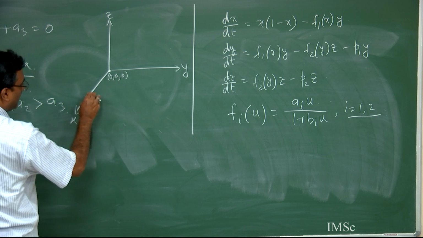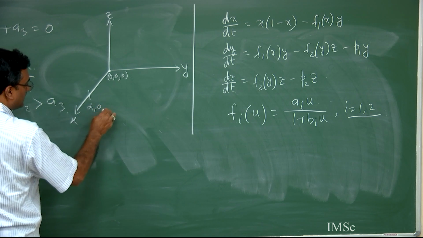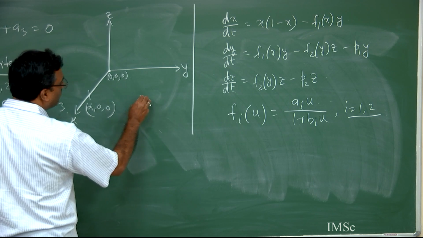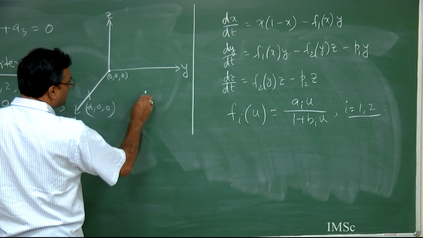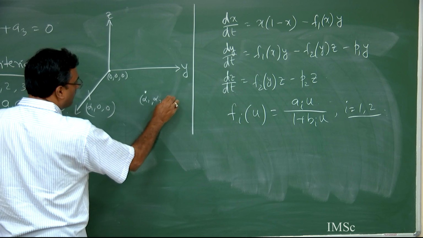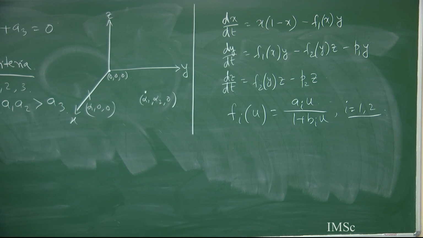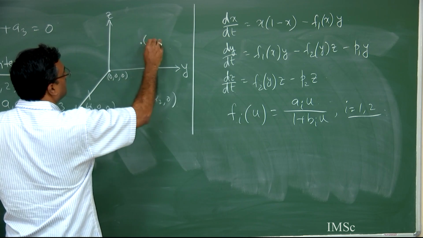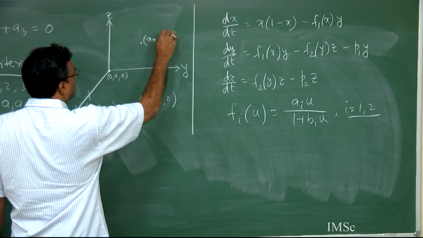Then you will have one equilibrium point here, say alpha 0, 0, without loss of generality. That means the first component is non-zero, and the second and third components are exactly equal to 0. This is the axial equilibrium. Then you will have one equilibrium point here, say alpha 1, alpha 2, 0. And finally you will have some interior equilibrium point here, with components x star, y star, z star.